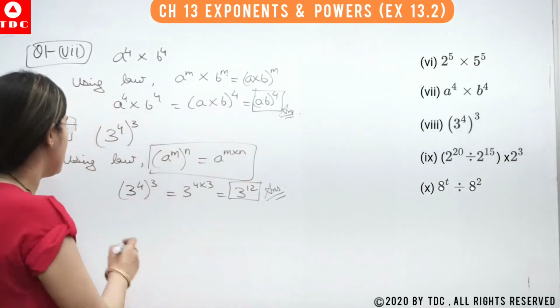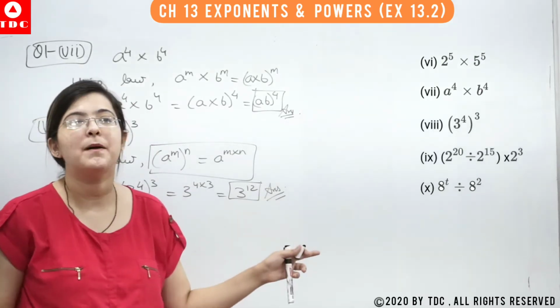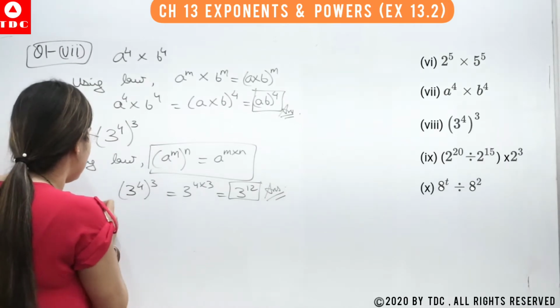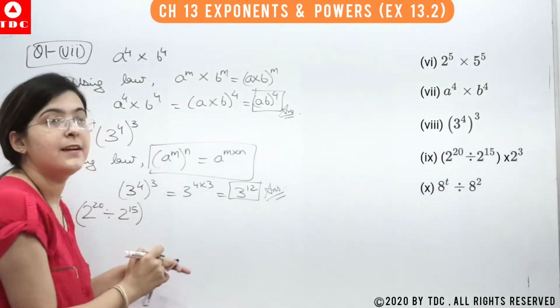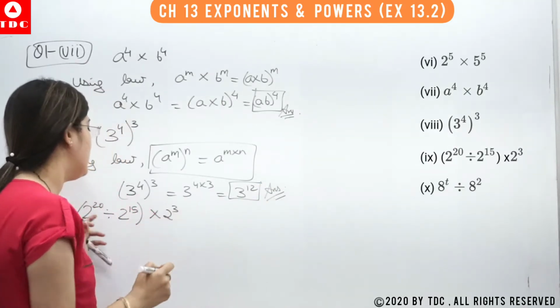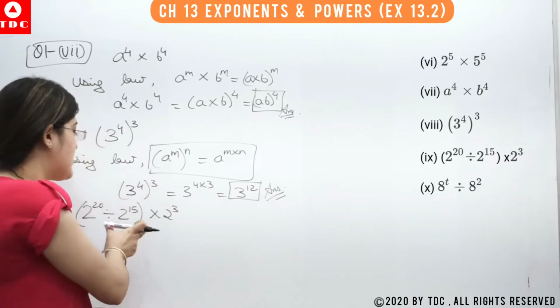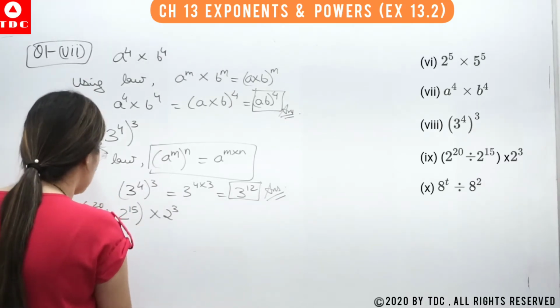Then see the ninth part. What is your ninth part? 2 to the power 20 divided by 2 to the power 15, then it is into 2 to the power 3. Here there are three terms, so first we will simplify this. Which law can we use?